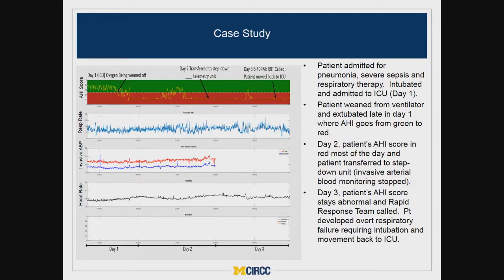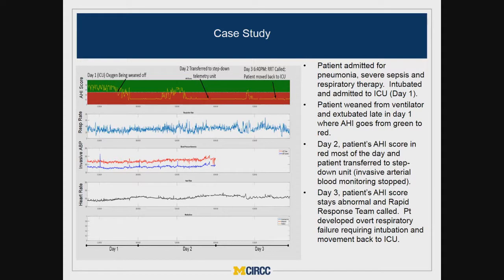This is a patient admitted for pneumonia and severe sepsis who was intubated. And here his AHI score, this analytic for hemodynamic instability, is in the green section. And then the score goes into the red, okay? But his vital signs and stuff are just A-okay.